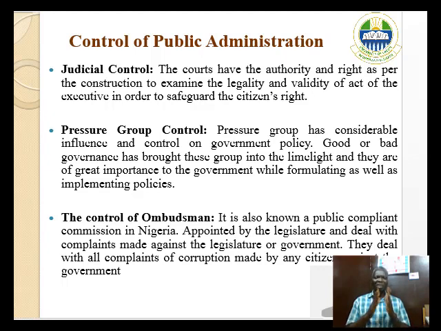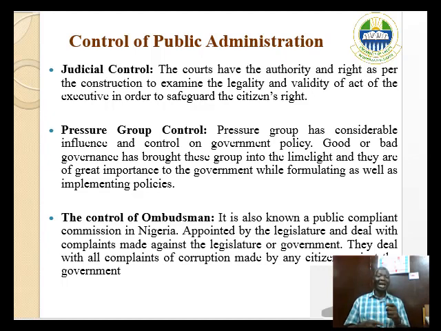So we also look at the pressure group control. The pressure group has considerable influence and control on government policy or activities, either good or bad. Government has brought this group into the limelight, and they are of great importance to the government while formulating as well as implementing policy.